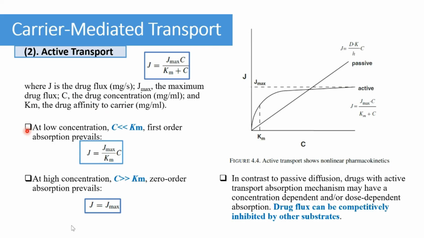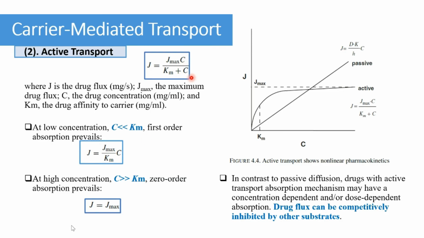And here there are two regimes. At low concentration, where C, the concentration of the drug, is much lower than Km, or the drug affinity to the carrier, first-order absorption prevails, and therefore J is equal to Jmax multiplied by C divided by Km.